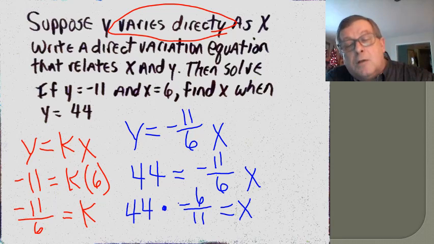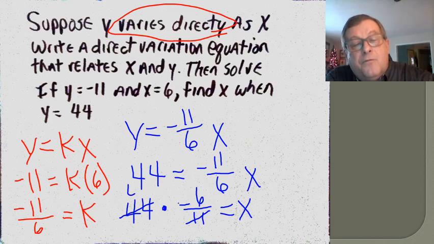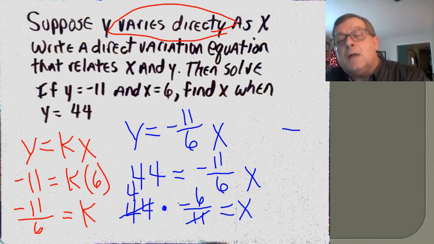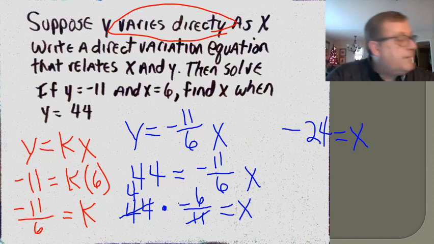Well, if I look real close, I can see that 11 is going to go into 44 4 times, so I can cancel this 11. I'm left here with 4. So now I got 4 times minus 6 equals x. Well, what's 4 times minus 6? Well, 4 times minus 6 is minus 24 equals x. And I've solved it.